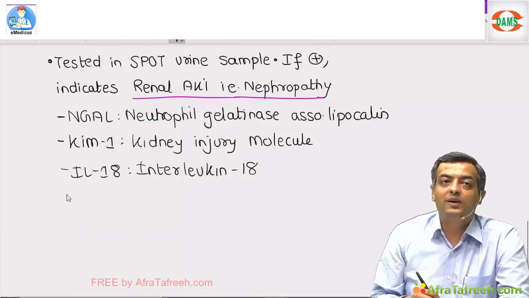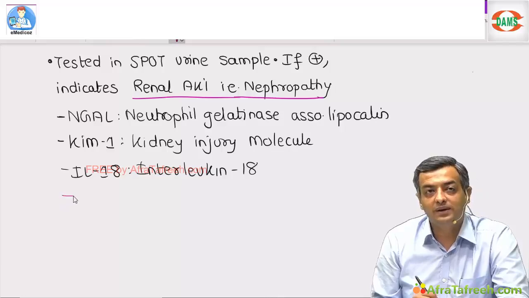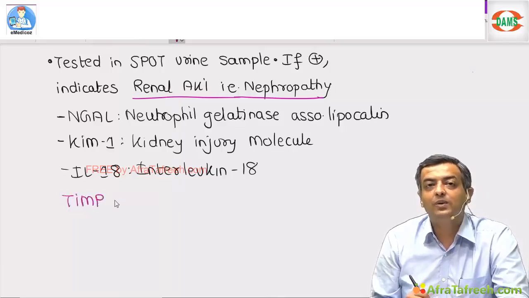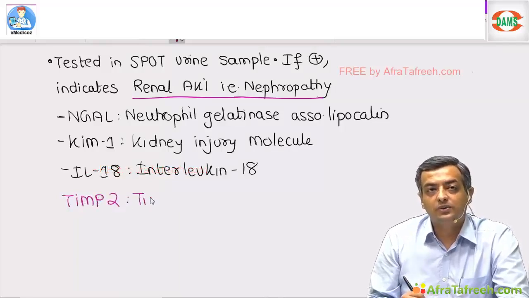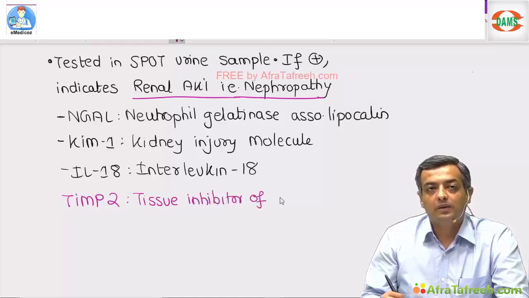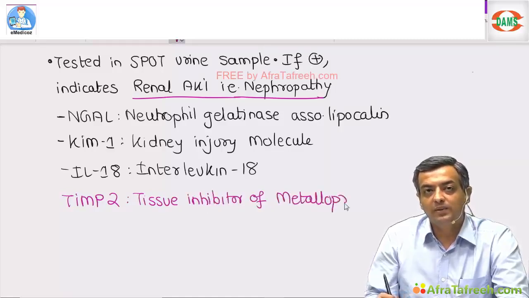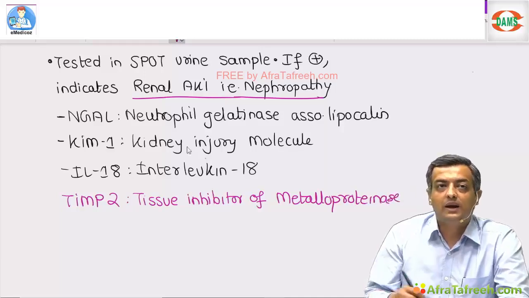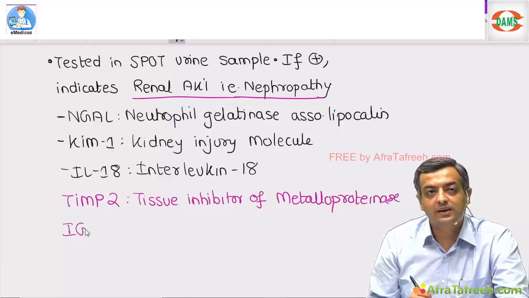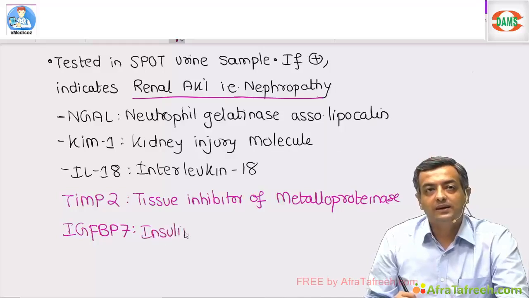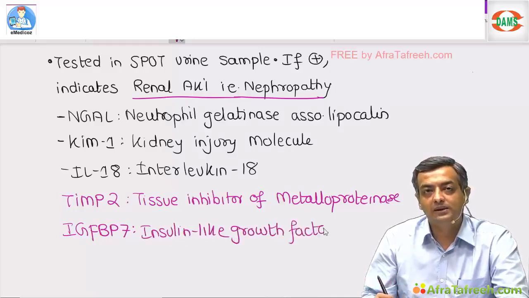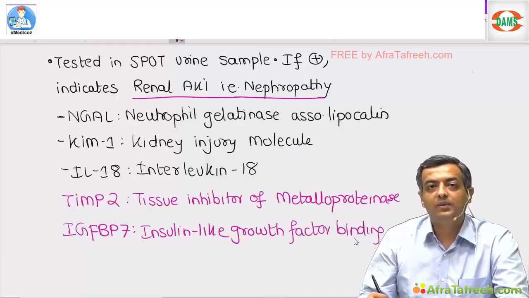But among the approved markers, we have only two. We have tissue inhibitor of metalloproteinase 2, and we have insulin-like growth factor binding protein 7.